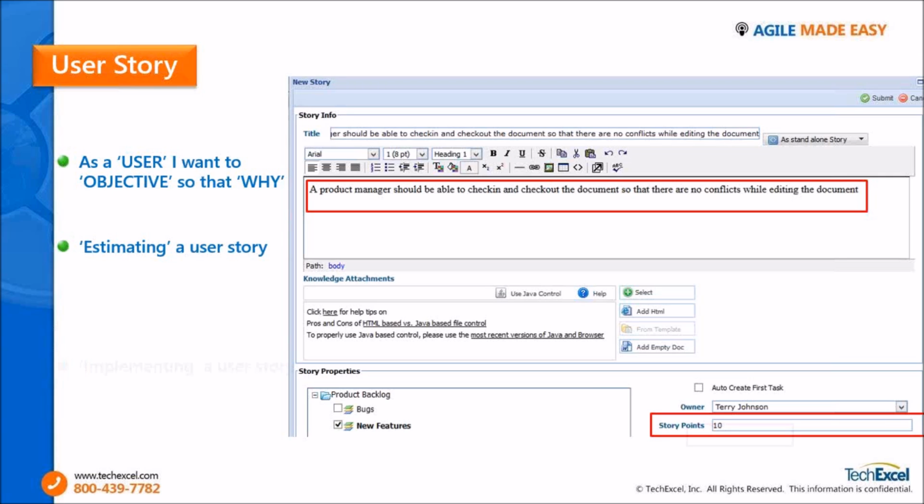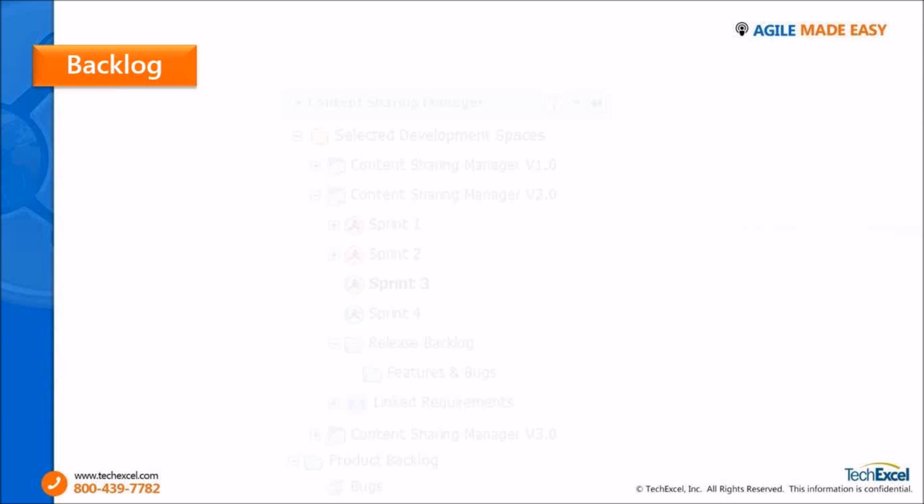So once the user story has been estimated, then comes the part of how do you actually implement that user story. In terms of implementation of the user stories, our development team takes a little different approach, and we believe that this approach is much more useful, and much more flexible in terms of tracking the user story and implementing it.